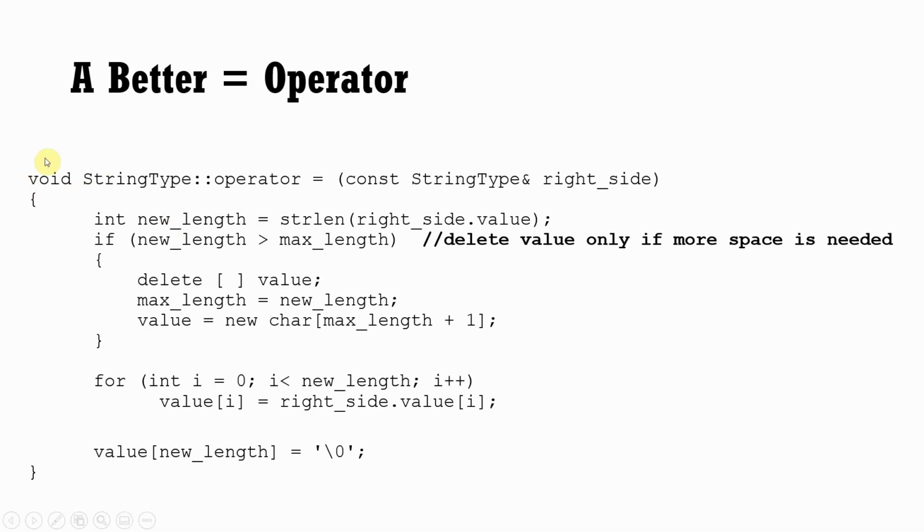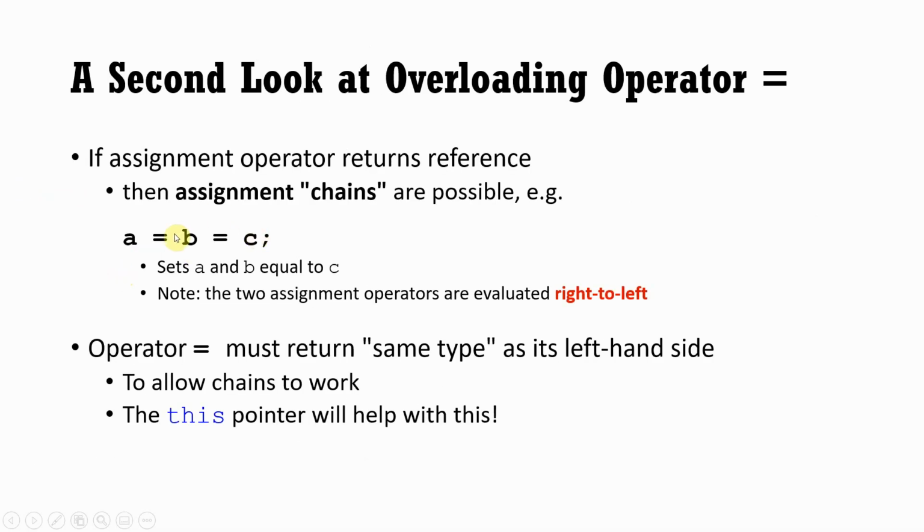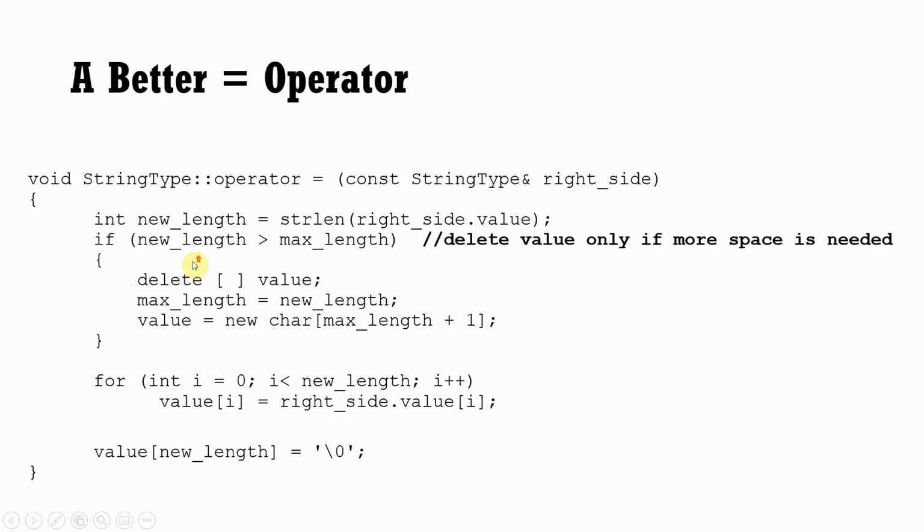Instead of having void, after you assign C to B, you want to return B, so that the next operation would be A equal B. So you want to return the calling object. The type of the calling object is the same as our class type. So instead of void, we would have a string type.